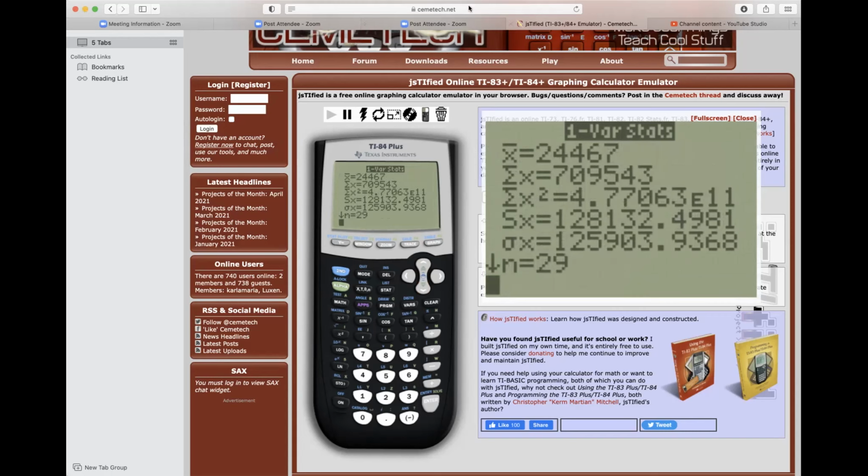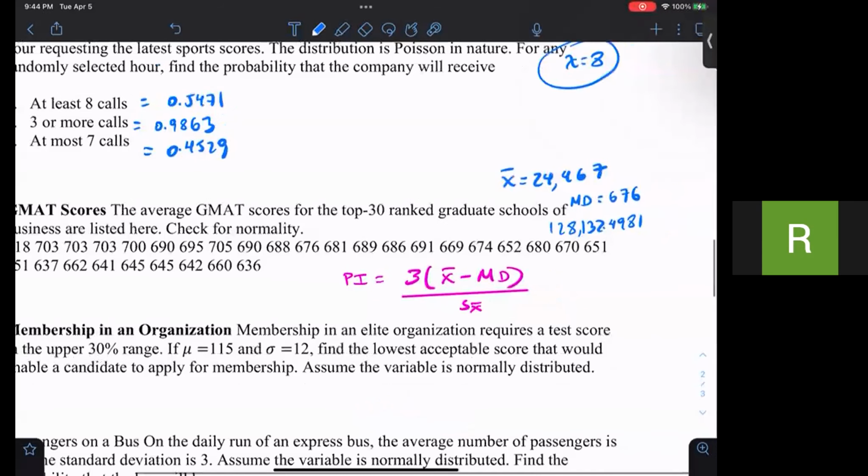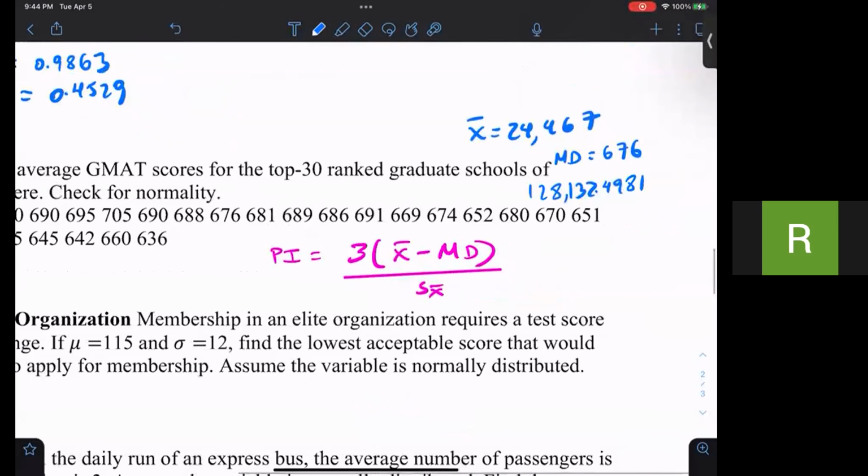Okay, so let me go back to the slide and let's do this problem. Anything within 0, it's kind of normal, so don't worry about it too much. But if it's less than -1 or more than 1, then you have to do something, right?